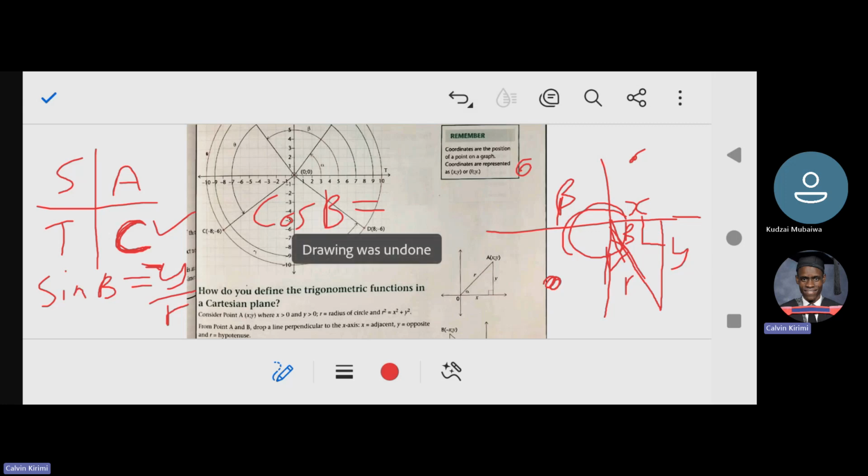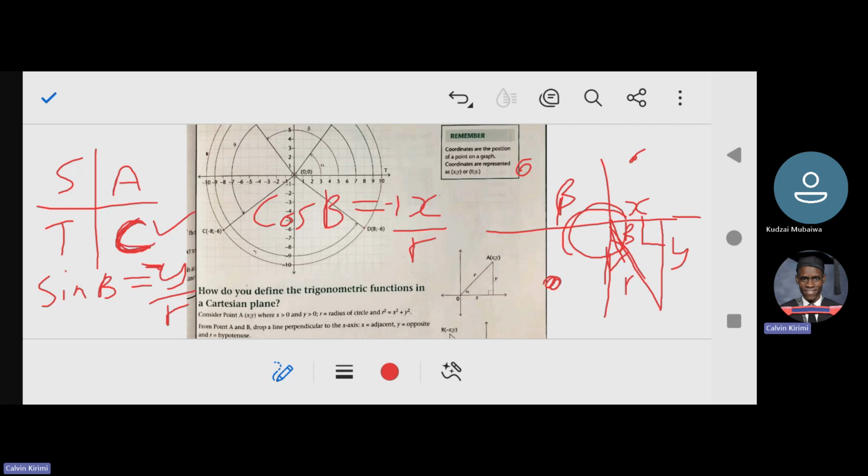Cos beta is what over what? In our diagram here, what is the adjacent? X. And what is the hypotenuse? R.